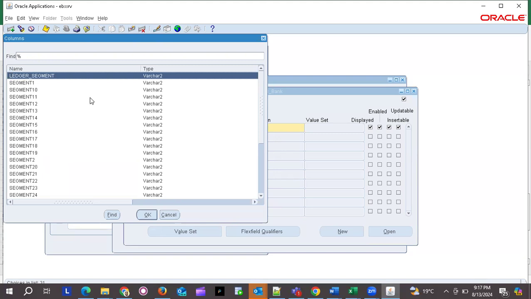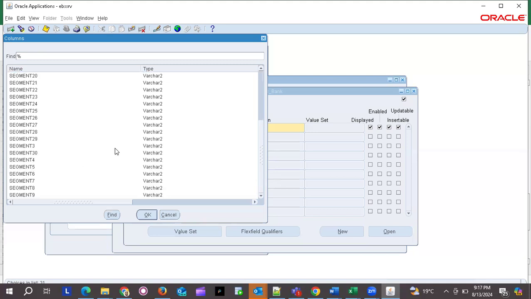So these are the segments, how we can select or assign. The segments go up to 30 as the highest number. If you go through them, the way we have logged in and clicked on segment, you will not get more than 30.